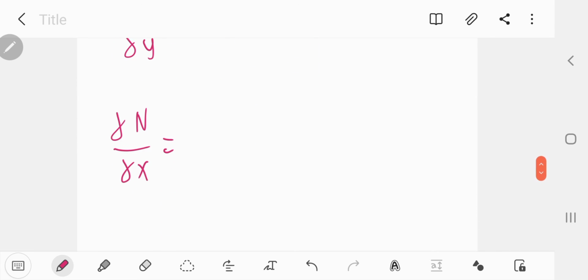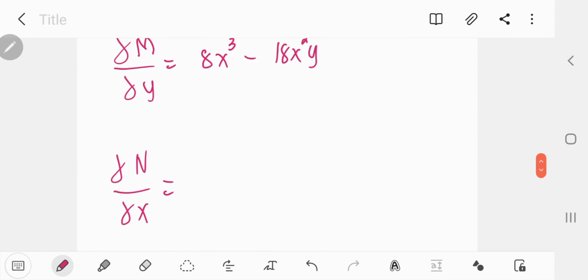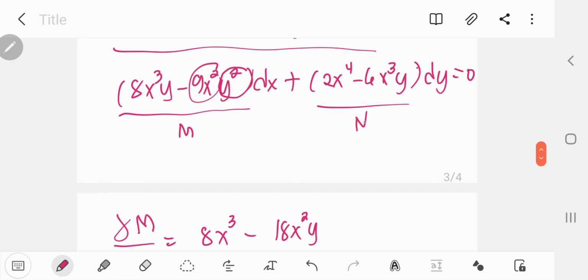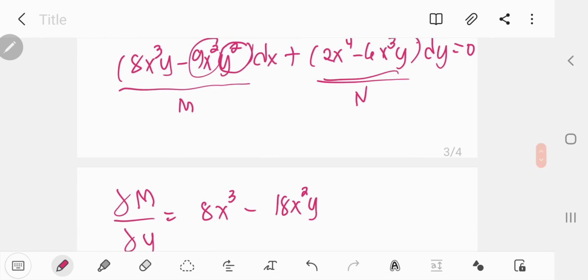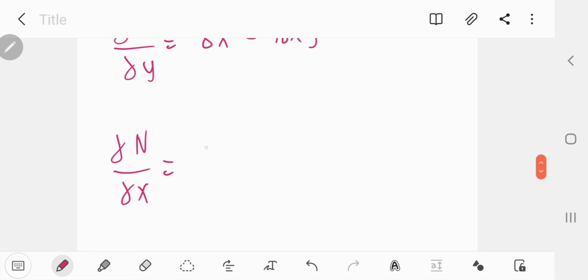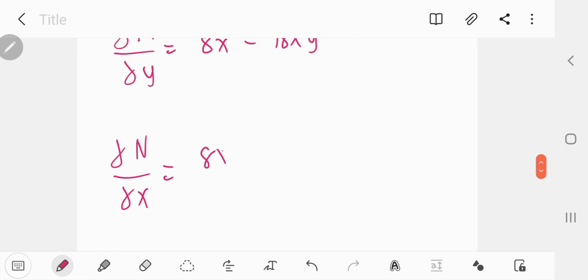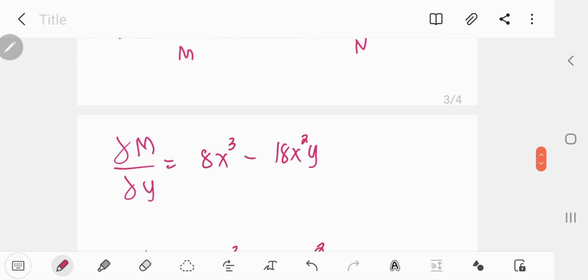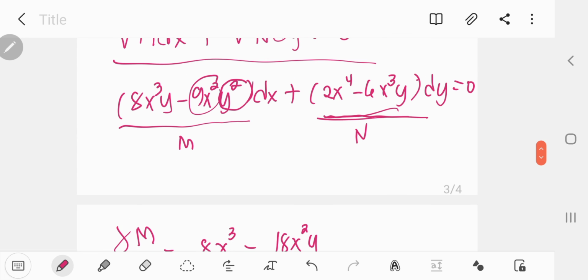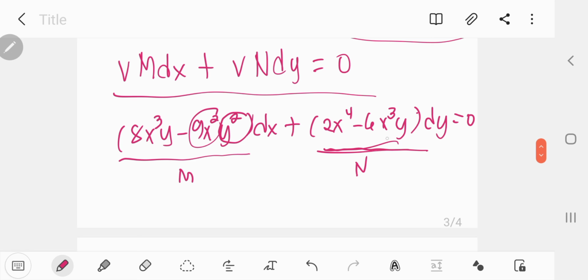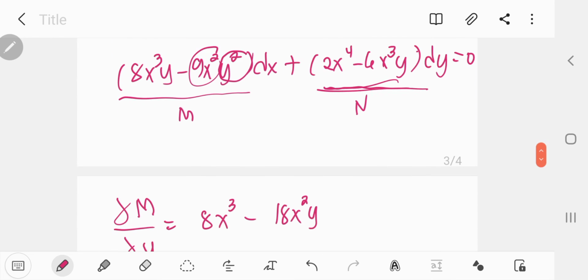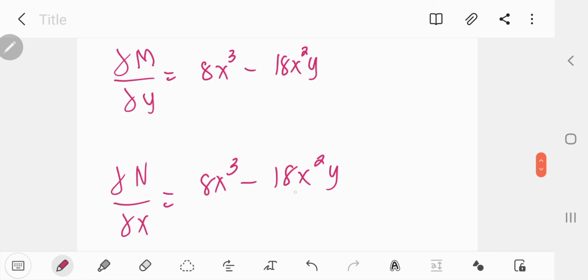And now let us proceed to the partial derivative of N with respect to x. Let us consider every y as constant. So we have 8x cubed minus 18x squared y. So the result is an exact equation.